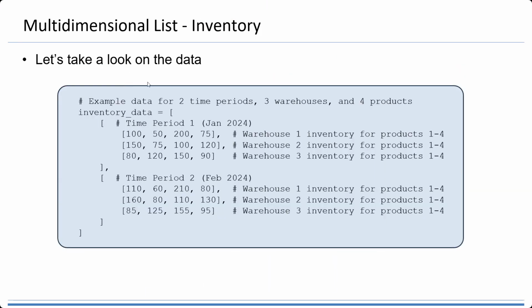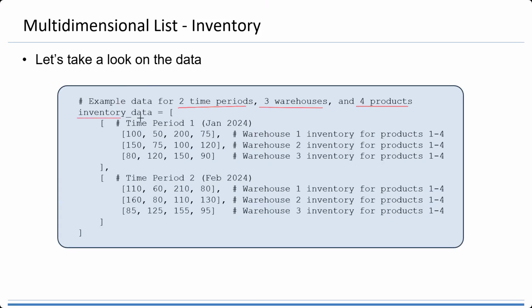So we can make this kind of data. This is the data with 2 time periods, and then we have 3 warehouses and 4 products.